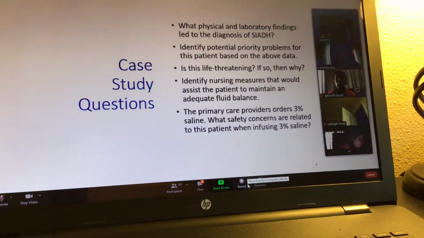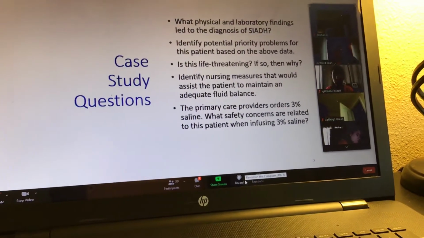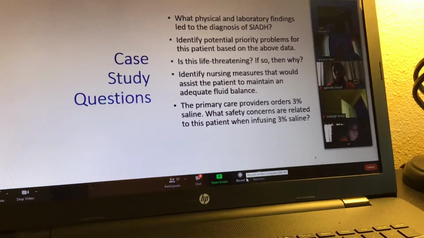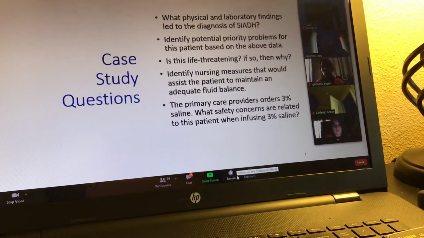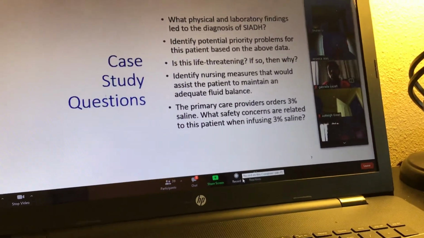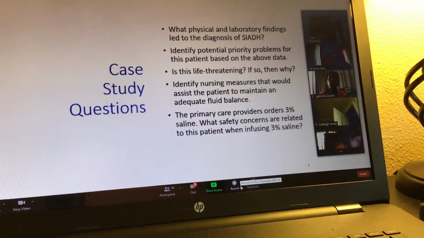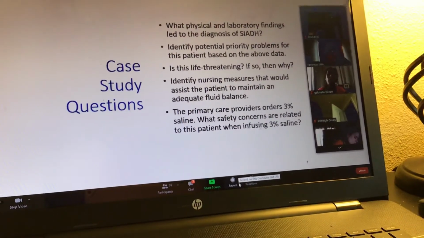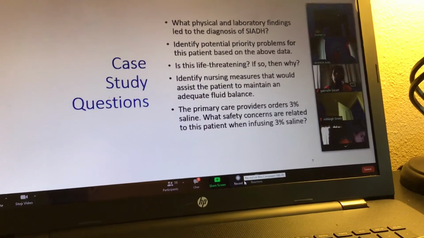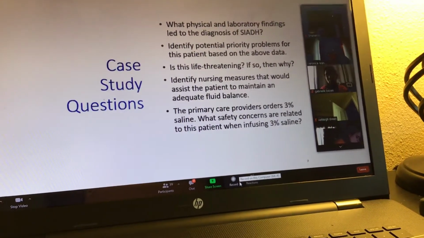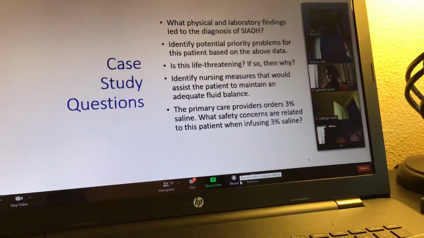So this patient, yes, I didn't answer the question on the other one, but most definitely it is life-threatening, in the fact that your fluid volume overload can mess up your electrolytes. You can send your patient into cardiac distress. So there are a number of things that can happen.